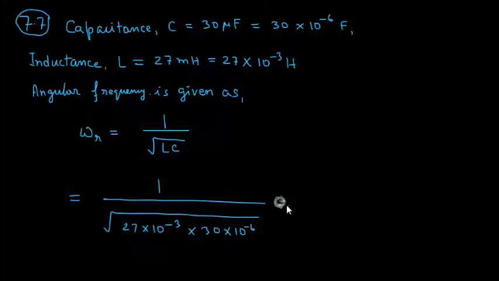Upon solving, we get 1 upon 9 into 10 to the power minus 4, which is equal to 1.11 multiplied by 10 to the power 3 radian per second.